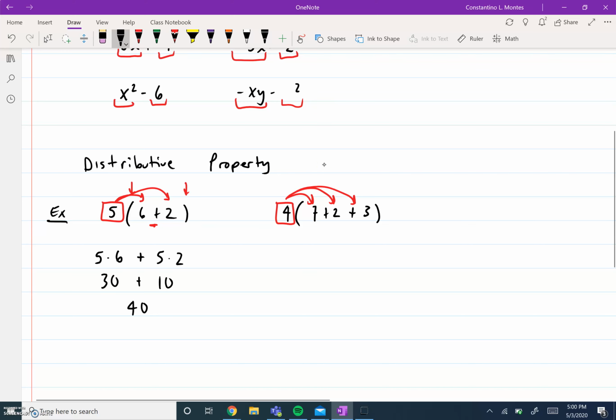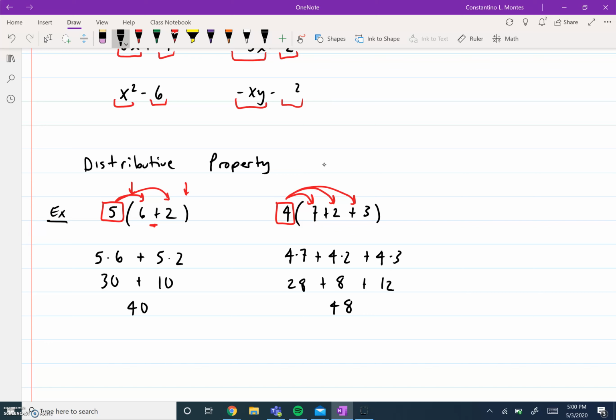So I've got 4 times 7, plus 4 times 2, plus 4 times 3. 4 times 7 is 28, 4 times 2 is 8, plus 4 times 3, which is 12. If I add all of those together, I should end up with 48.